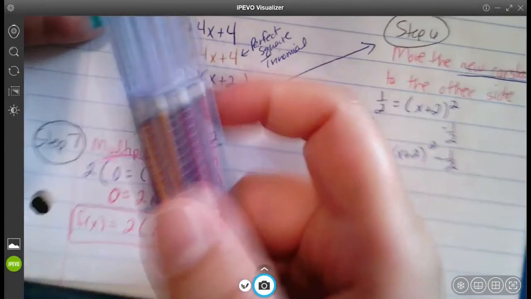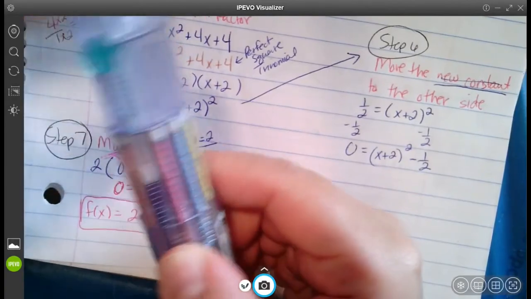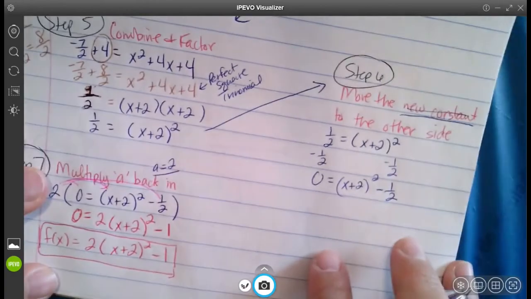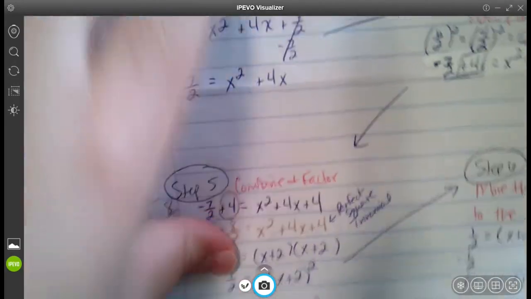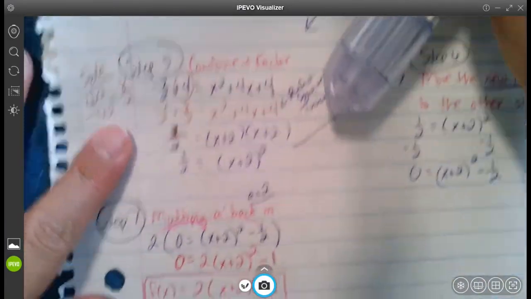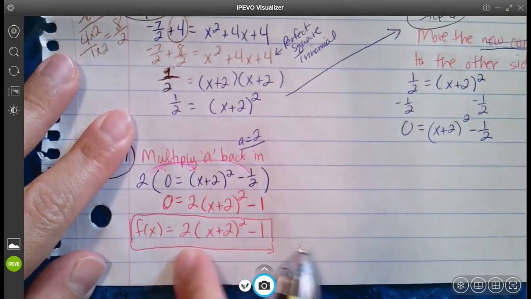From here, I can find the vertex. Sorry about the movement, guys. Let me move this out of the way because I think that's getting in the way. From this part right here, we can get our vertex.